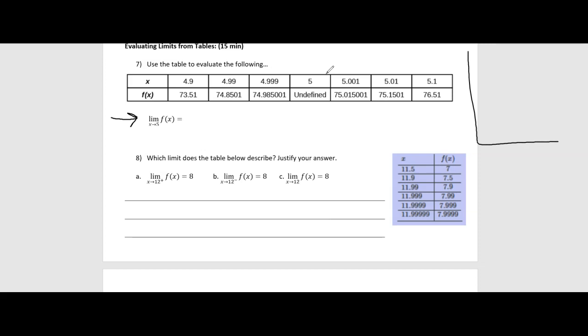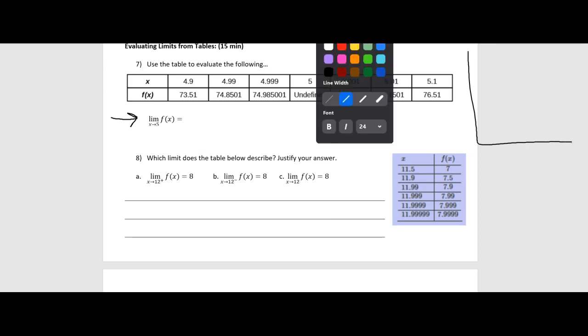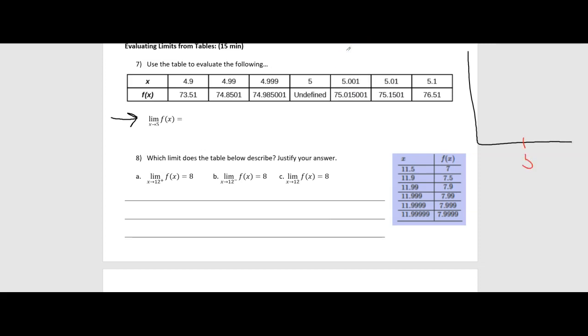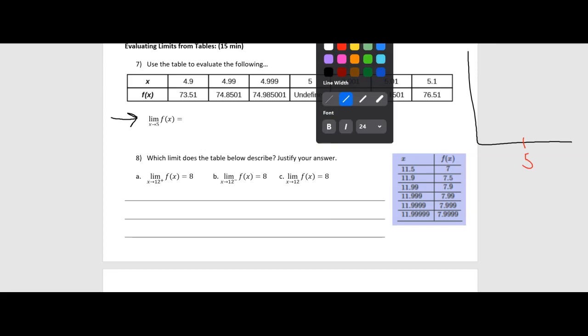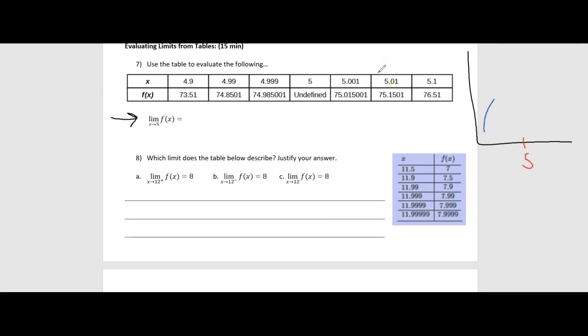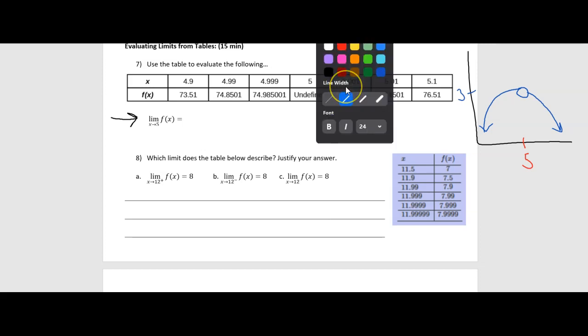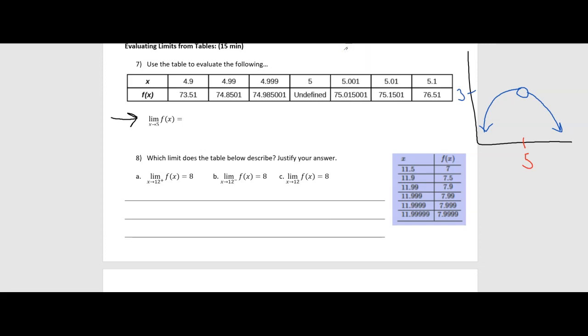So again, just a little refresher. Let's say this is x equals 5. Let's say this is my function. We'll call this 3.